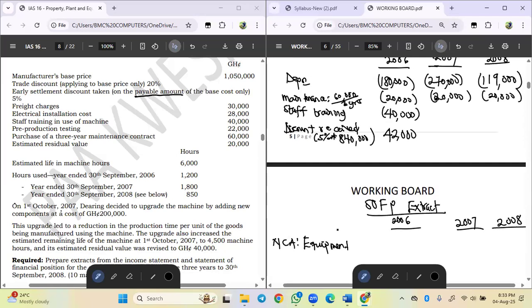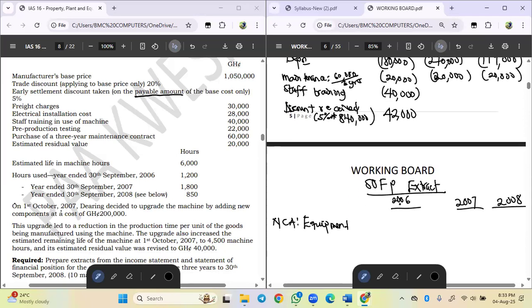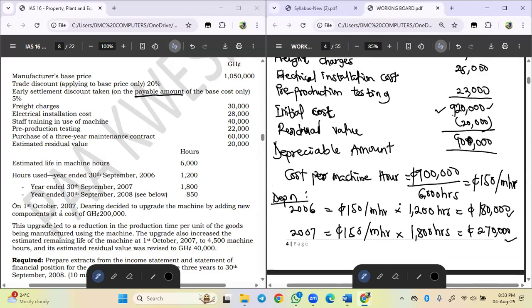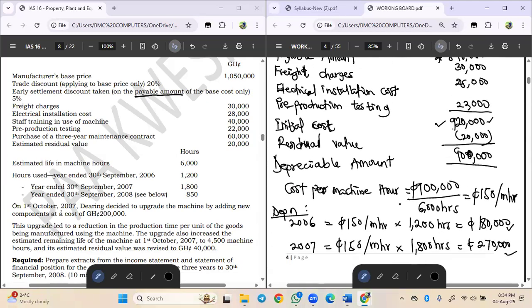So please, what will be the carrying amount for 2006? Who can tell me the figure for carrying amount or carrying value for 2006? The first year, what will be the carrying amount?